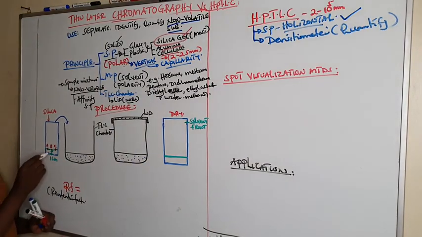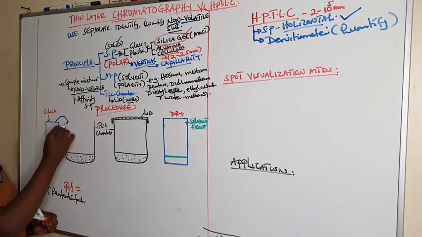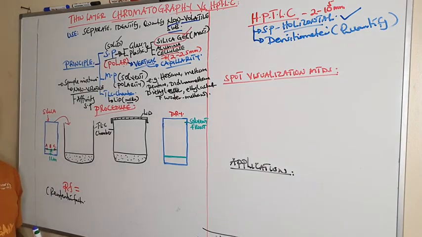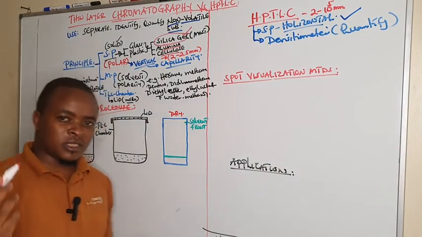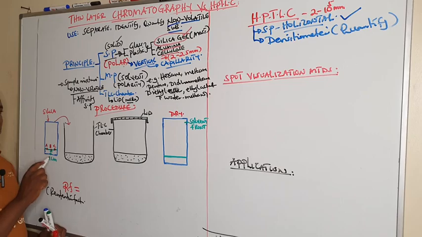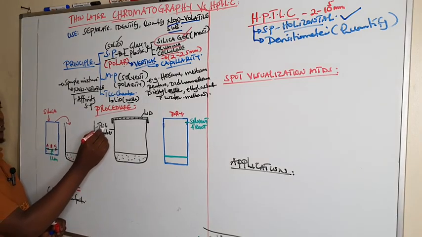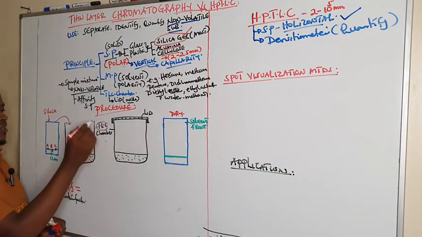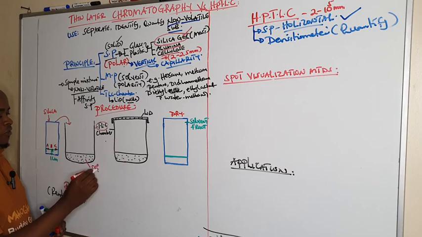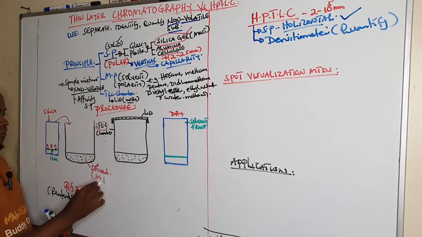So after applying them on the line drawn by the pencil, we are going to place this stationary phase coated with the silica and the sample mixture to be separated into the thin layer chamber. This thin layer chamber contains the solvent, which is going to act as the mobile phase.